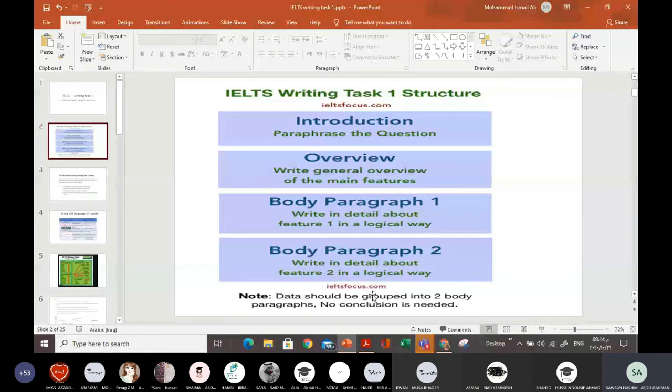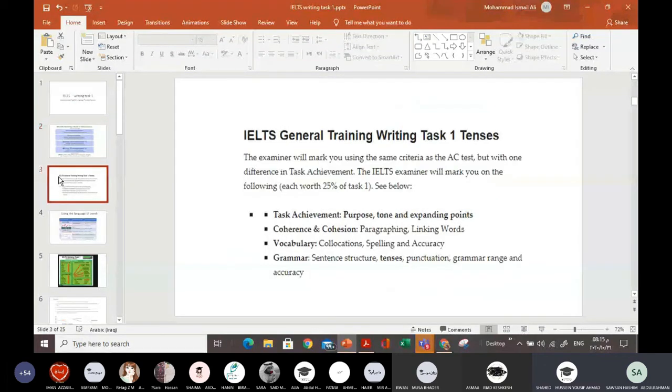I also told you, don't write conclusion, my opinion, I suggest, I advise you, I want to tell you. Never say such words in task 1. Is it clear? Yes, teacher.